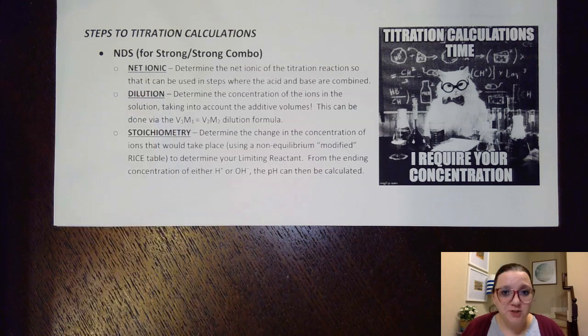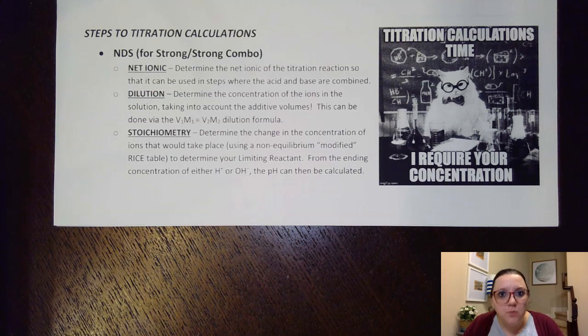So here's the information you're going to be given typically. You are going to be told, for a particular point in your titration, what volume and molarity of acid you have and what volume and molarity of base you're combining together. And the goal is to eventually figure out what the pH is. However, when I add those two solutions together, the volumes add together.